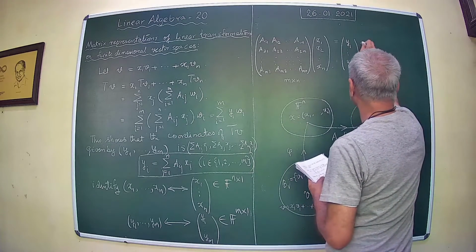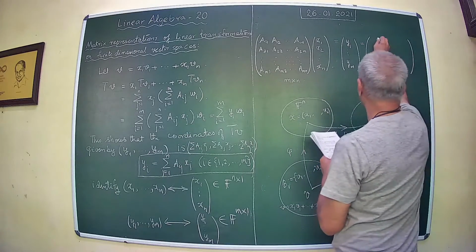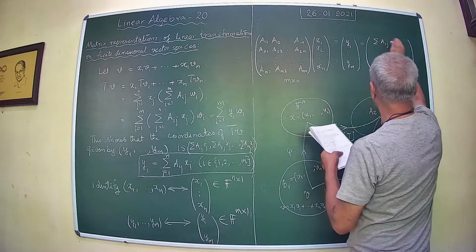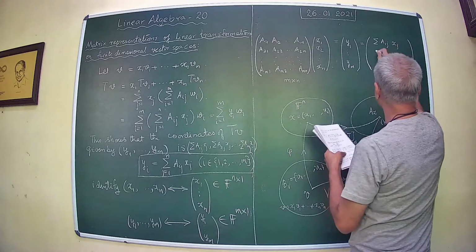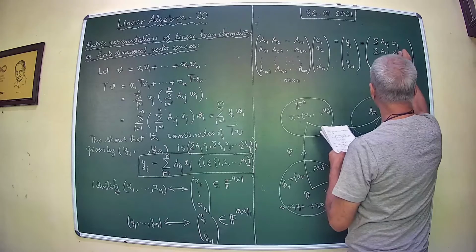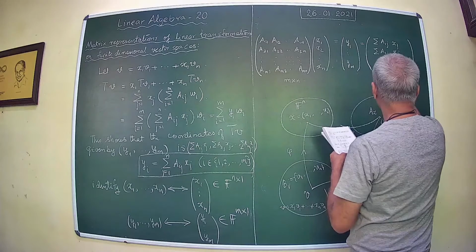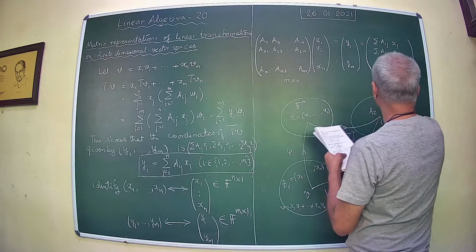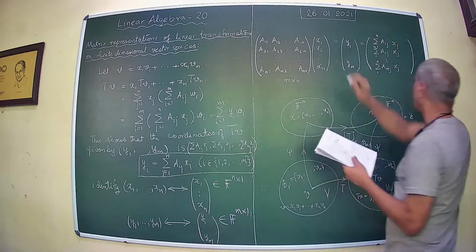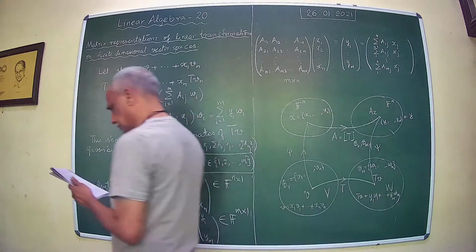And that is essentially, if I write it in detail, this is sigma a1j xj, sigma a2j xj, sigma amj xj, j running from 1 to n. This is just the standard matrix multiplication.